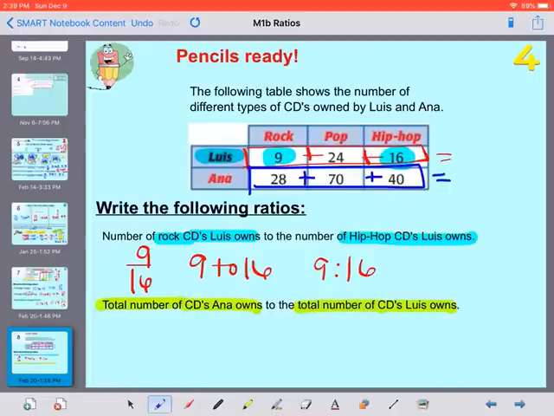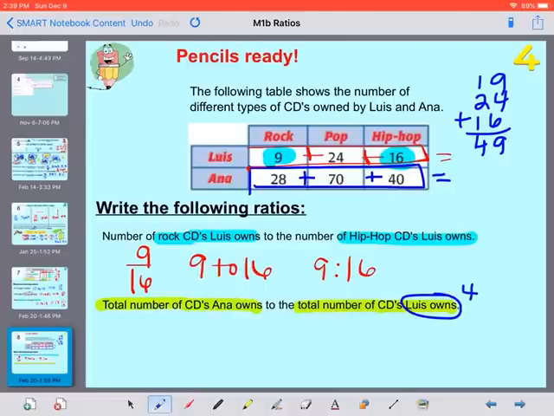Clearly, Anna has a lot more just based on all of those numbers are bigger. So 9, 24, and 16. Well, 6 plus 4 is 10, plus 9 more is 19. 2 plus 1 is 3, plus 1 is 4. So Luis has 49. So we know right here Luis owns 49.